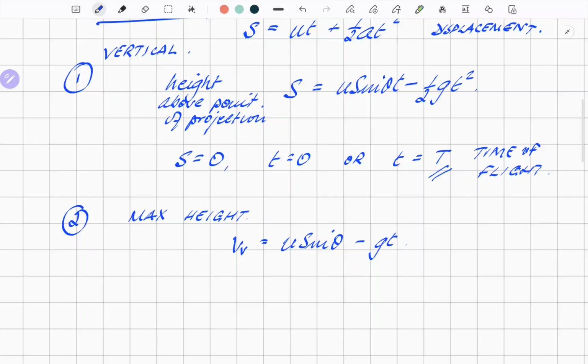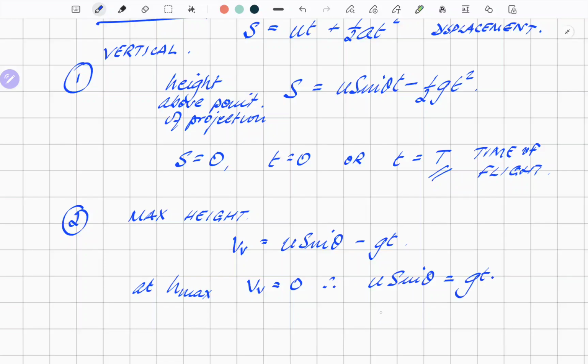At max height, the vertical velocity, the velocity at which it's going up, equals 0. Therefore, u sin theta equals g t.